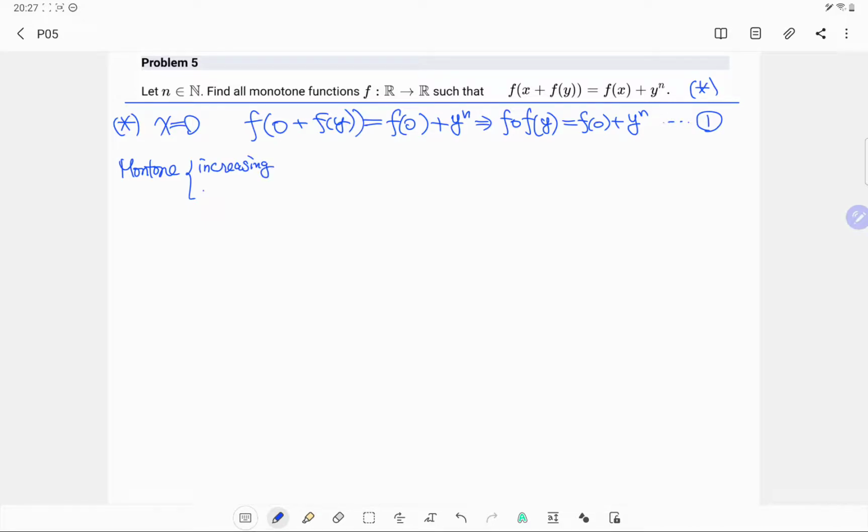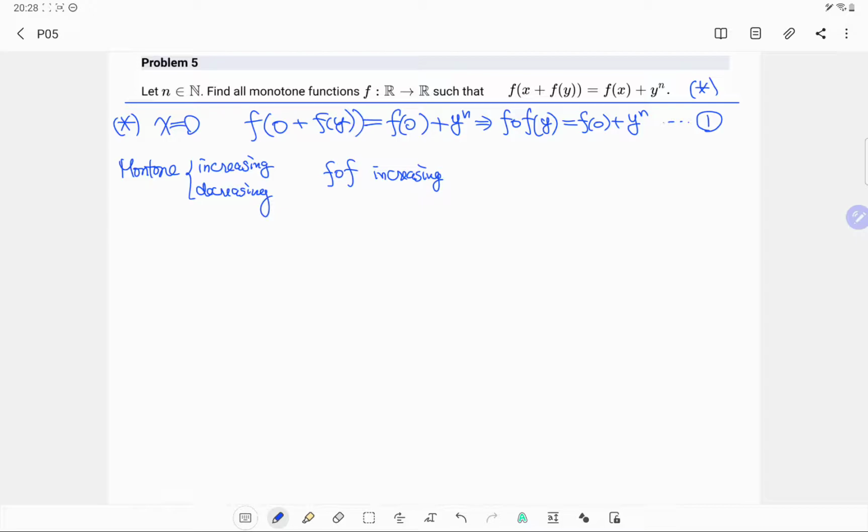Actually, monotone is quite enough. Whether it is increasing or decreasing is not really important in this problem.